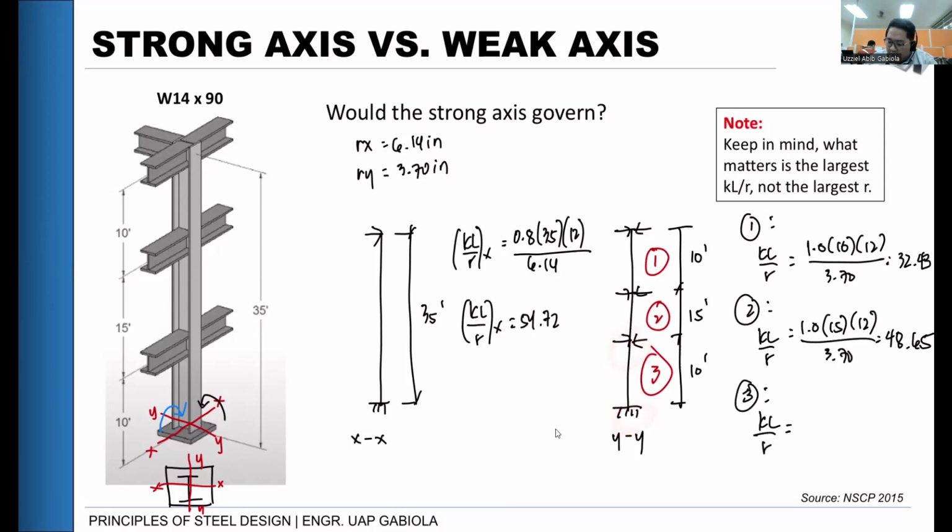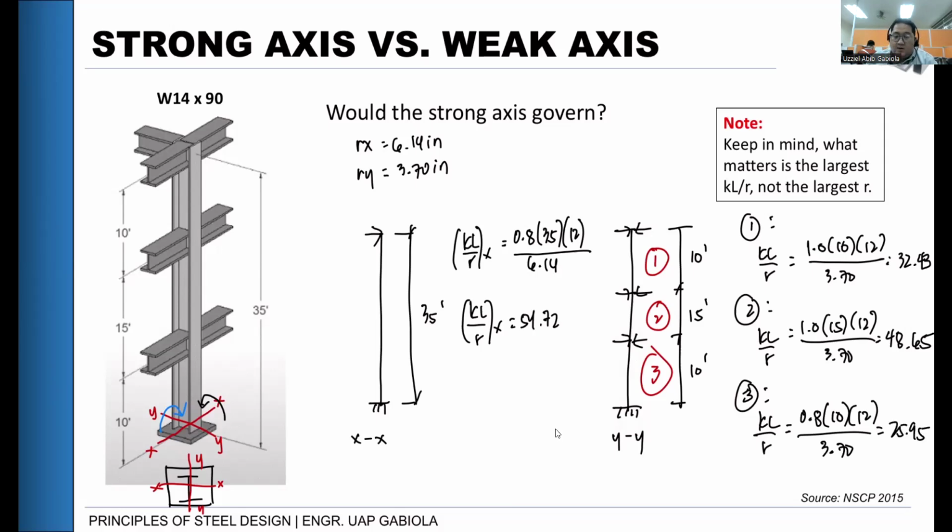Then segment 3, that is pin fix, so that is 0.8 times 10 times 12 over 3.7. That is 25.95.